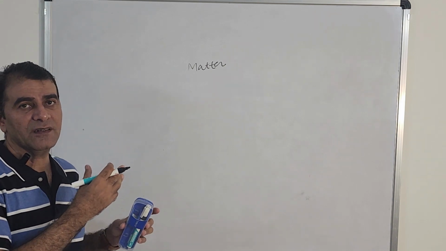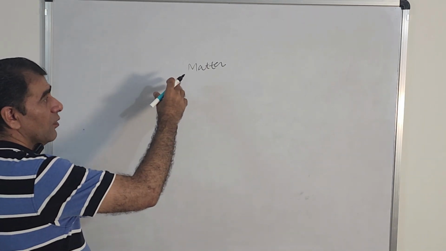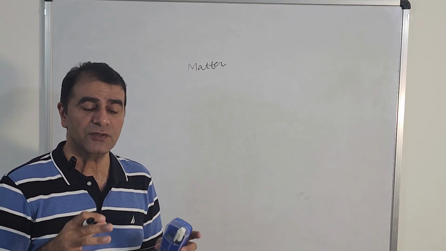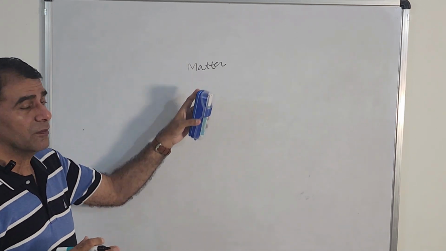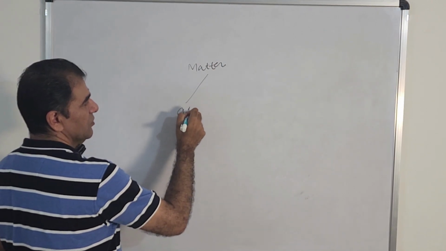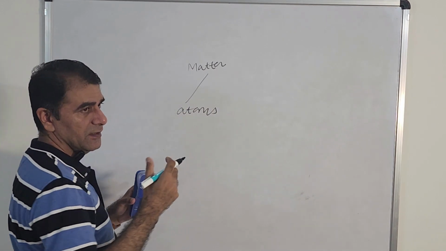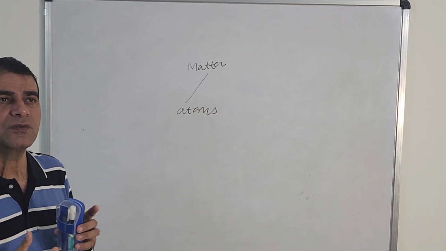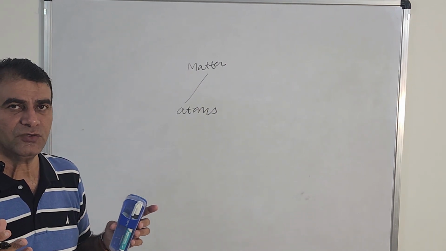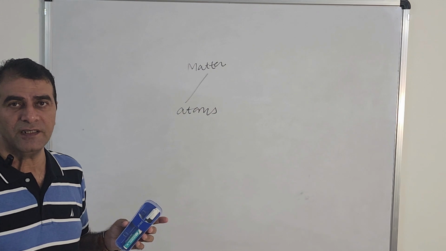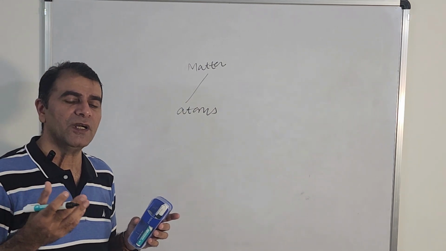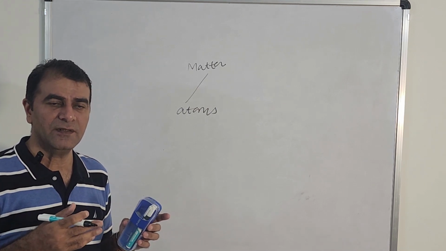Whatever you can touch with your hands is nothing but matter. Scientists concluded many years ago that matter consists of atoms, which you cannot see with your naked eye, because the size of an atom is of the order of 10 to the power minus 10 meter.